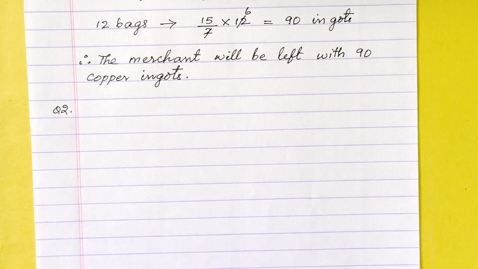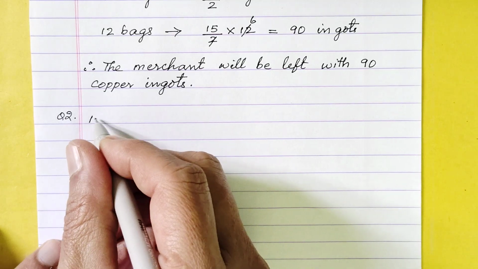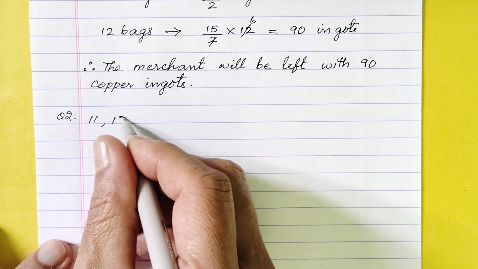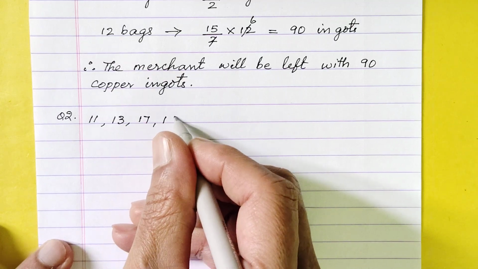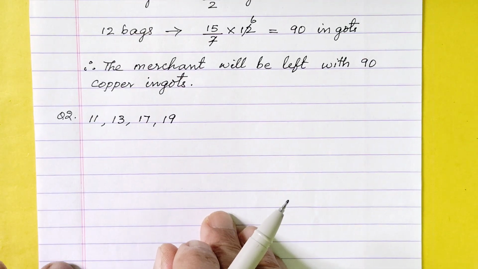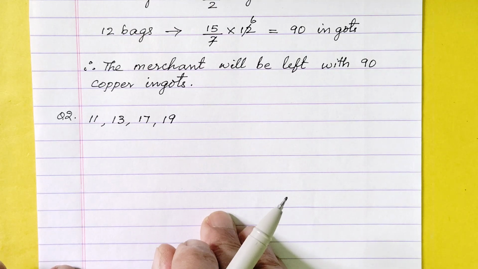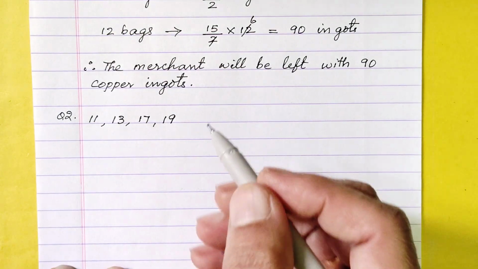You can see here the numbers 11, 13, 17, 19. We have to find out what do these numbers have in common. You can see all these numbers have only two factors.